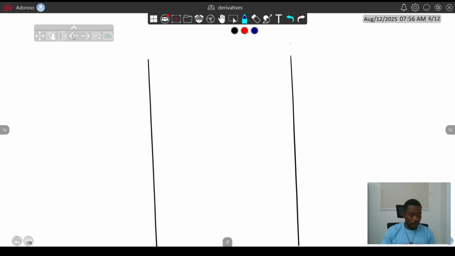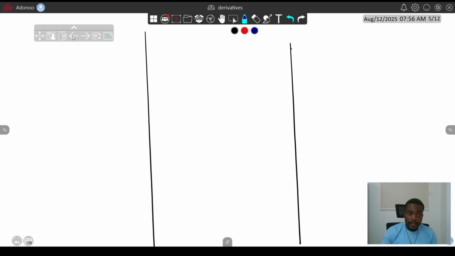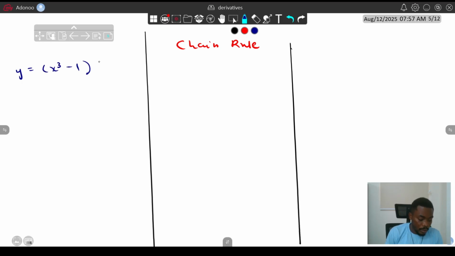Okay. So now, let's take a look at chain rule. So for chain rule, for example, we have y equal to x cubed minus 1 raised to the power 100.